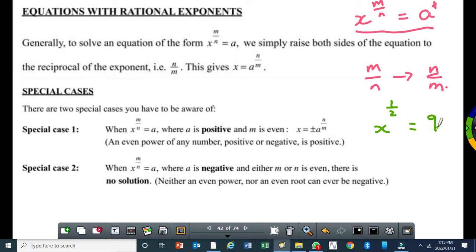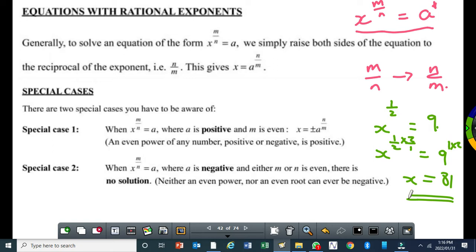You can just multiply the exponent of x by its reciprocal, which is 2, and do the same on the right hand side. So the final answer will be x is equal to 81. If you put 81 where there is x, 81 to the power of a half is the same as the square root of 81, which is 9. So be aware of this concept of the reciprocal.